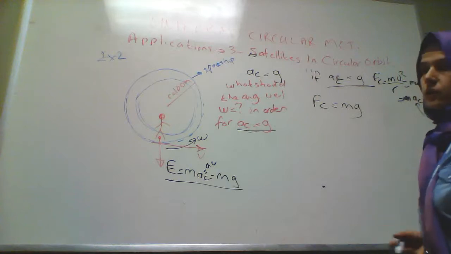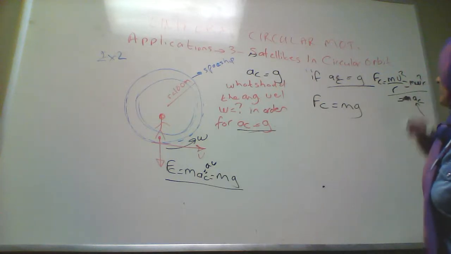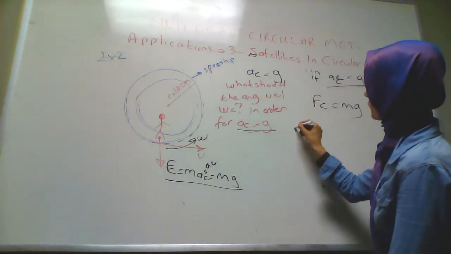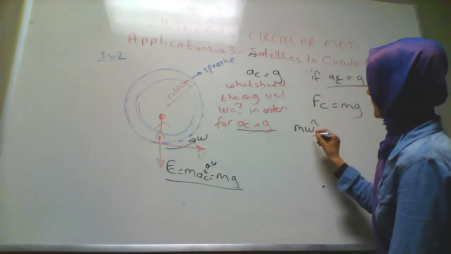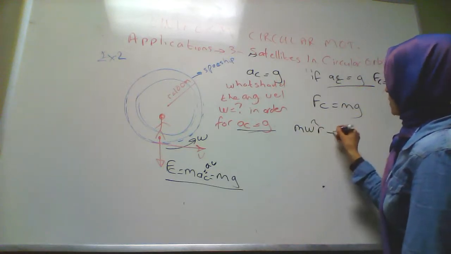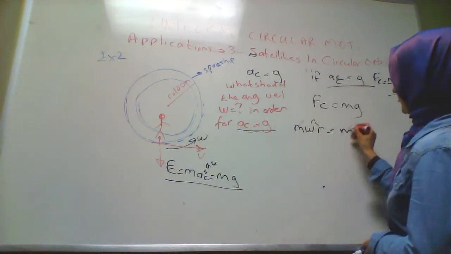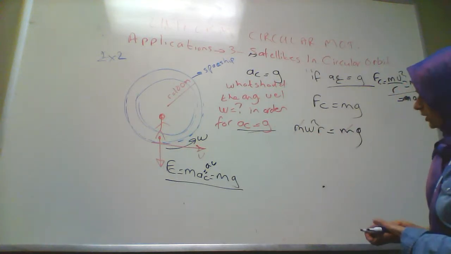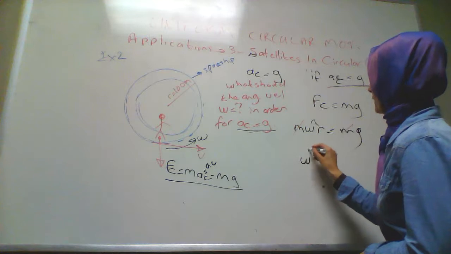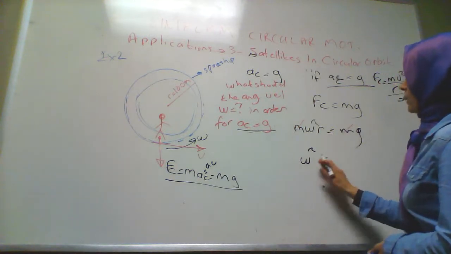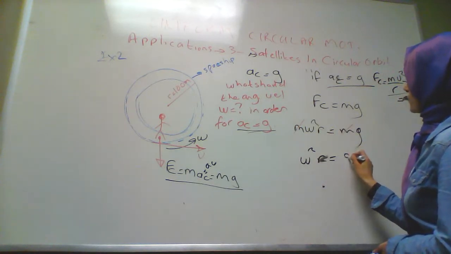When we enter the value of AC, this is what we got. I'm writing in terms of omega because I'm looking for omega. m omega squared times r is equal to mg. The m's cancel, and I'm left with omega squared r equals g.